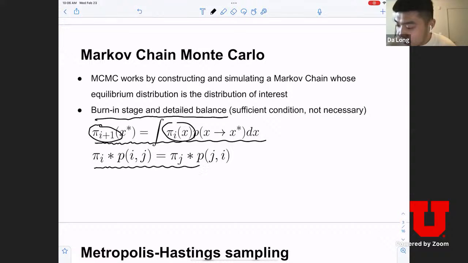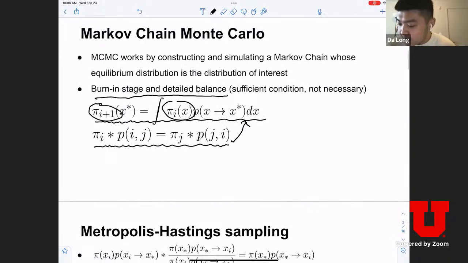The second equation is more straightforward and more understandable, and it is equivalent to this equation. If you can prove the detailed balance holds, then the MCMC sampling is correct. This is the stationary distribution, and this is the transition distribution.